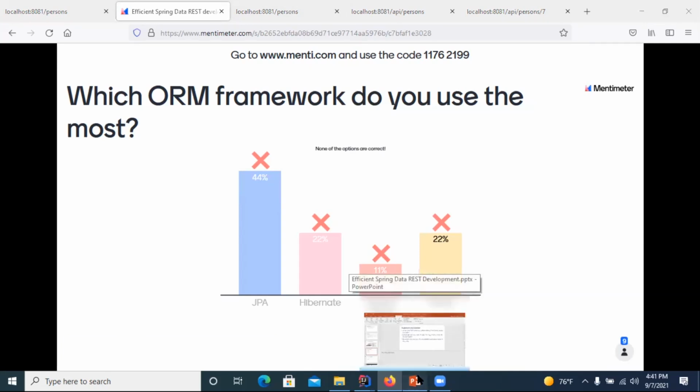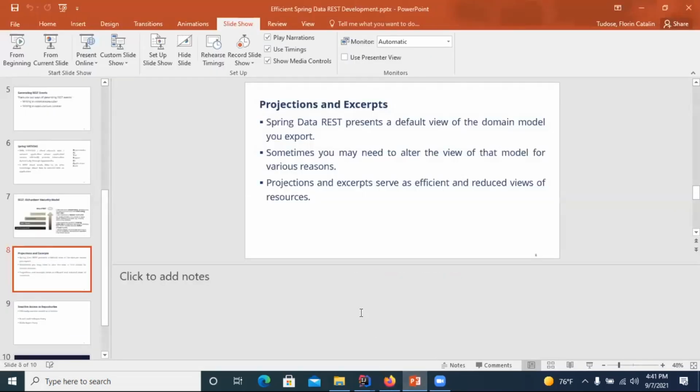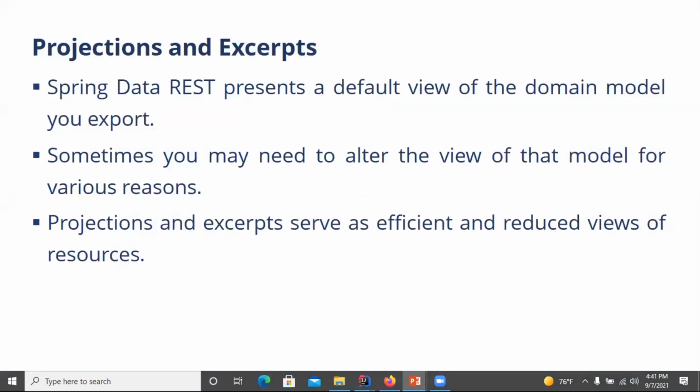We may go back to these quizzes a little later. Let's focus on other possibilities to improve the efficiency of our Spring Data REST application: projections and excerpts. What is it about?